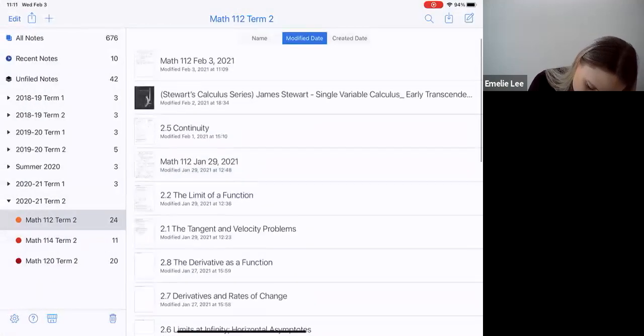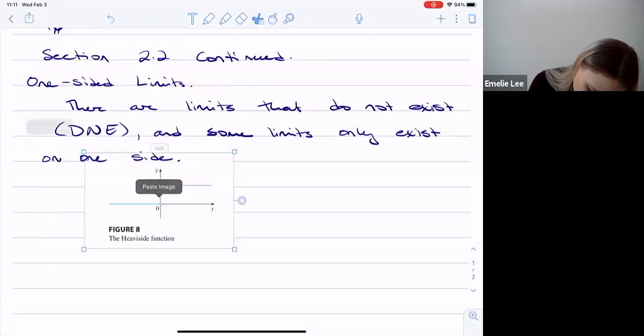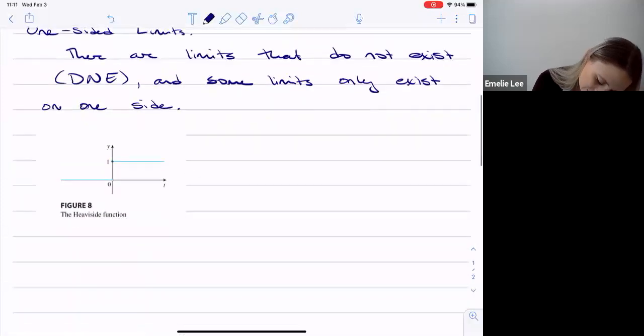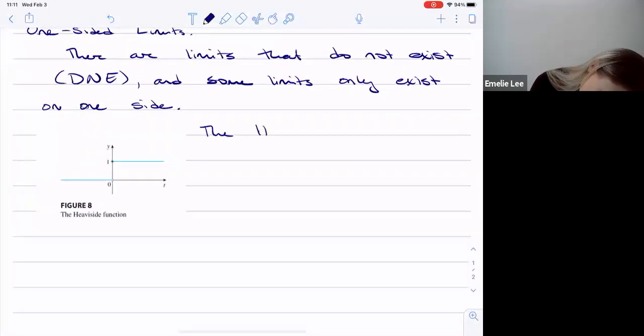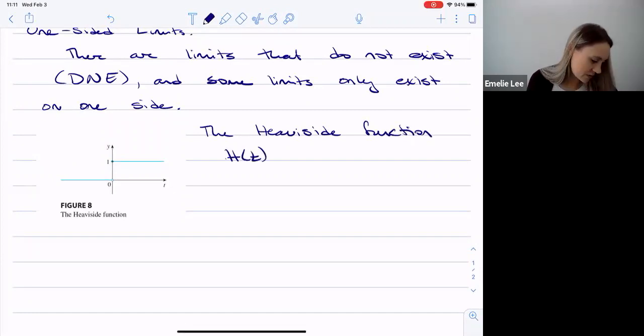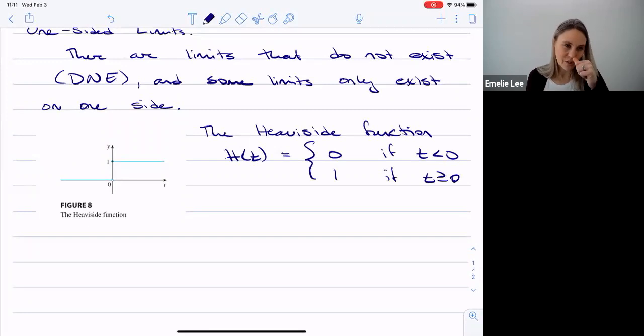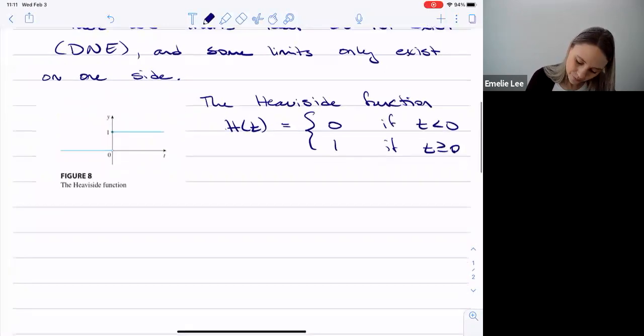Okay. I'll bring in the graph because that's the one I was pointing at the most. The Heaviside function, which we denote by capital H of t, is equal to 0 if t is less than 0, and 1 if t is greater than or equal to 0. Okay. So it switches on at time 0.